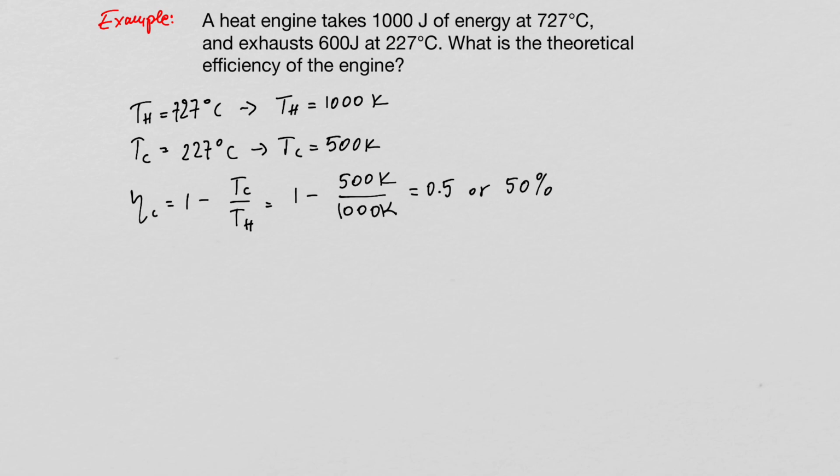If I did not convert the temperatures to Kelvin, then the calculated theoretical efficiency would have been 1 minus 227 degrees Celsius divided by 727 degrees Celsius, which gives 0.69 or 69%. So as I stated before, when calculating the theoretical efficiency, the two temperatures must always be converted into Kelvin. You cannot leave them in Celsius.